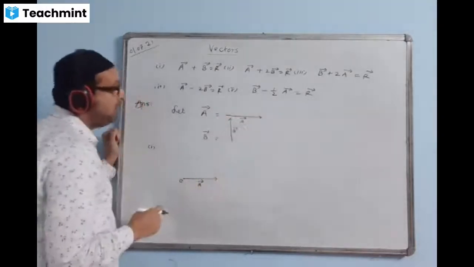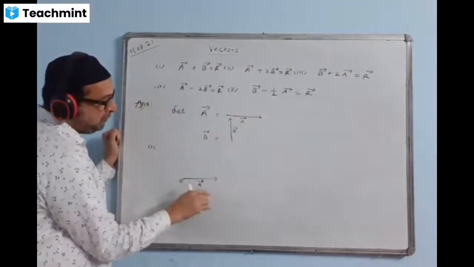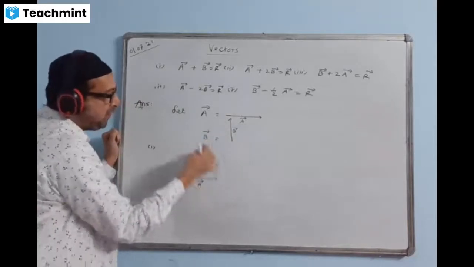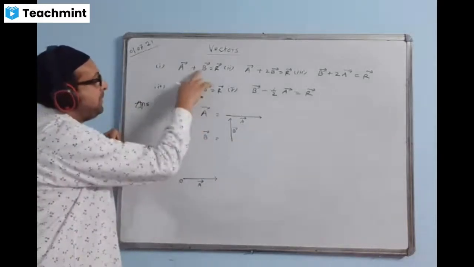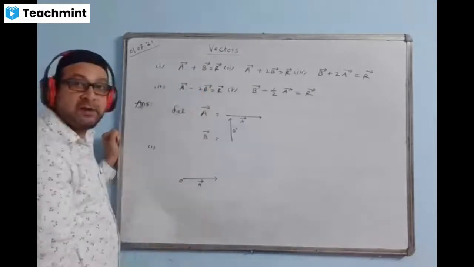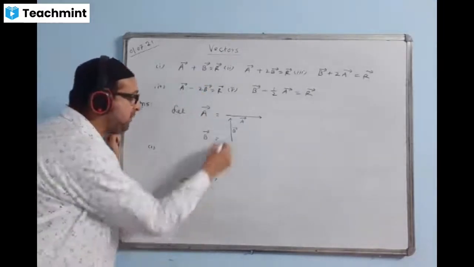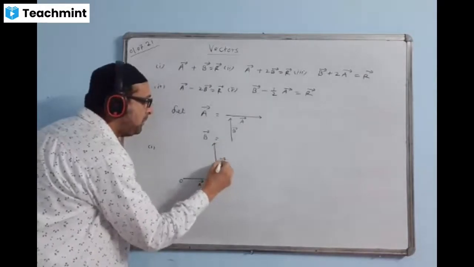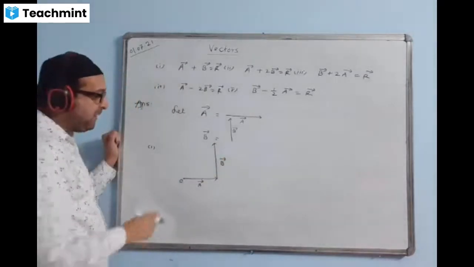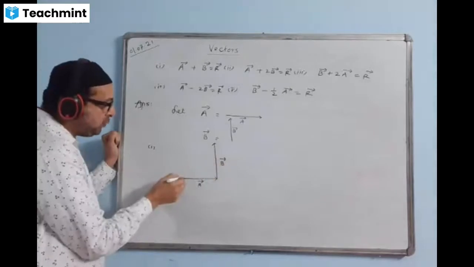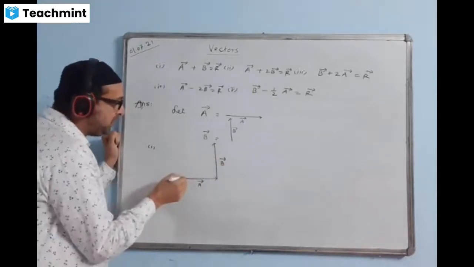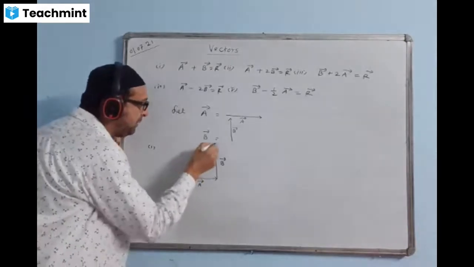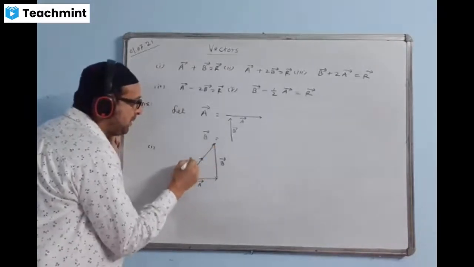From here only we'll continue. This is the tip, and the tail of the other vector is here, so we join. Plus B is a plus sign, meaning don't change the direction from the original direction. The plus B will be like this. Where is the resultant of these two vectors? The resultant will come like this: the initial point and the final point, join them by a straight line. Here. This is R.